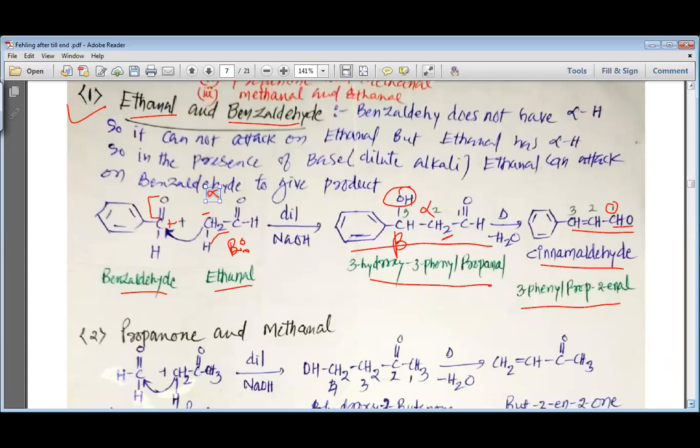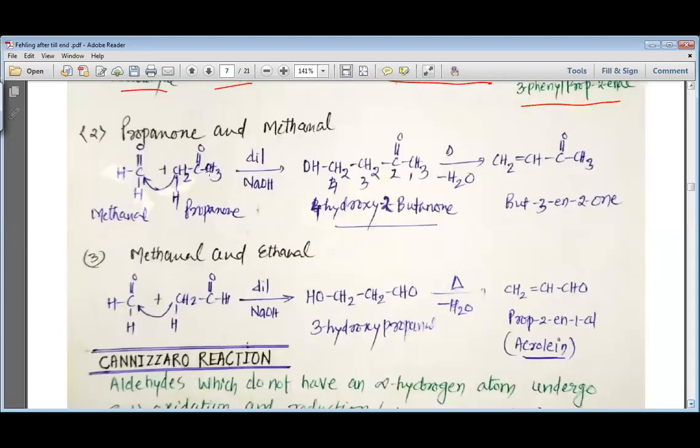Same way, my dear students, we can understand the cross-aldol between the propanone and methanal. So here you have propanone, which is CH3COCH3. Your methanal is HCHO. There the alpha carbon attacks on the carbonyl carbon of the methanal, and finally we get 4-hydroxy 2-butanone.